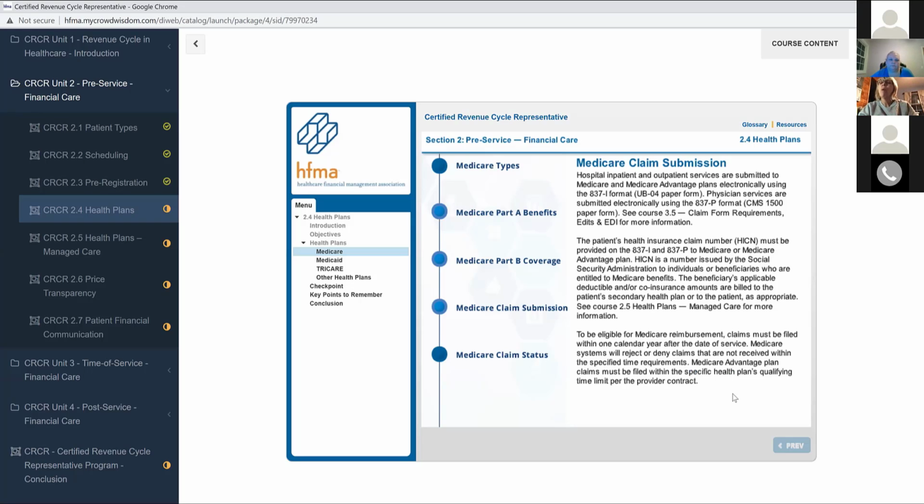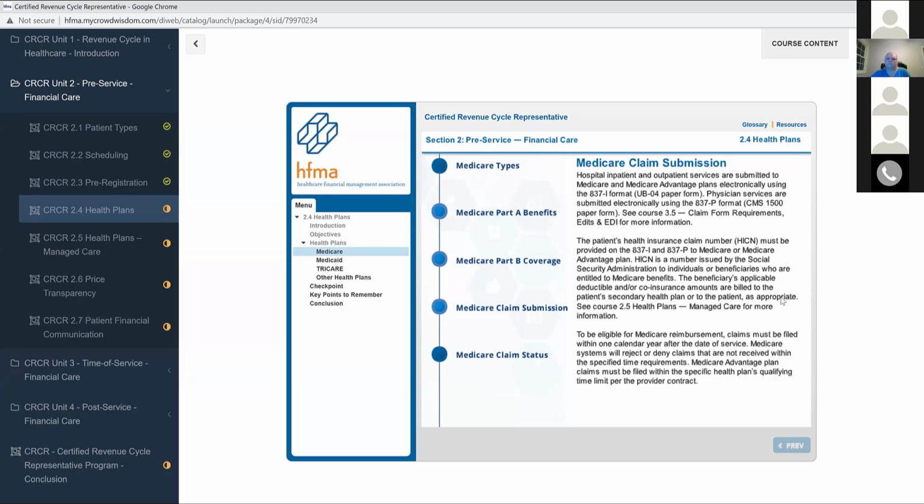Medicare Advantage plans are probably not as generous with a time frame, but it would just follow your contract, or otherwise the time frame for that payer. And I have seen a question on what's the Medicare filing limit, and the answer they're looking for is a calendar year. That regulation changed a few years ago, but that is what it is now.